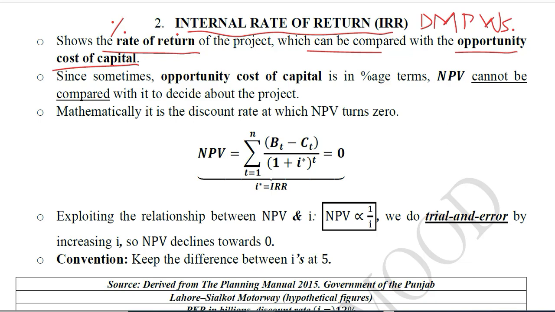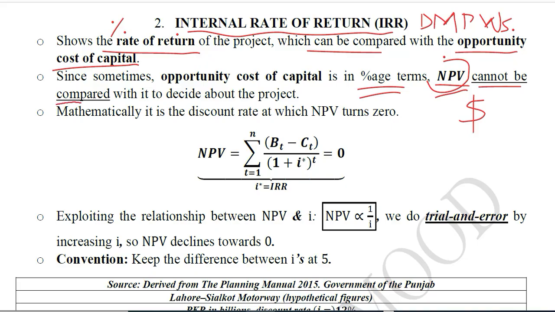So in this situation, NPV cannot be helpful, because NPV gives us the answers in currency, and it is not comparable with the situations where the returns of the alternatives are in percentage terms. So the comparability is not there when it comes to the percentage returns options, the alternatives, either saving in the bank or investment in any other project.